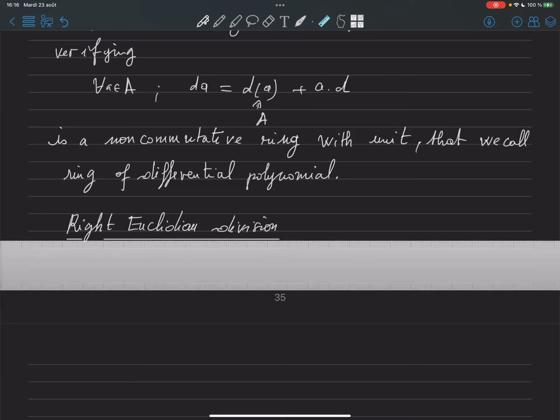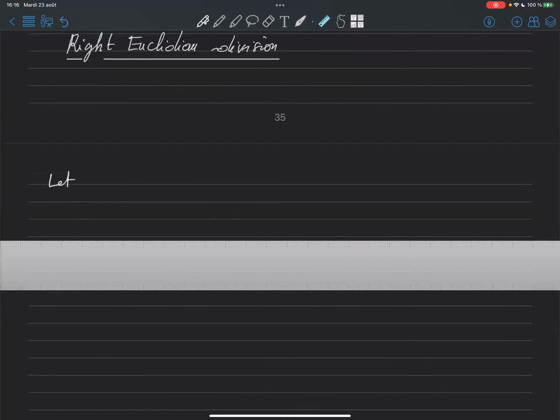Then let P and D be differential polynomials, with D different from 0.